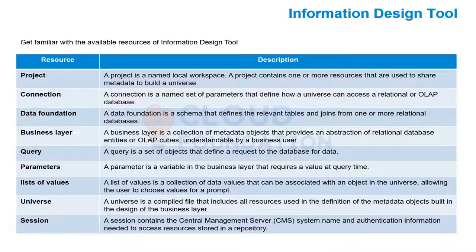If you see here, a business layer is a collection of metadata objects that provides an abstraction of the relational database, understandable by a business user. Here it is important why we create the business layer. Sometimes the database is populated by data entry operators. They might name the columns something that they understand, but it is not always possible for the business to understand those names defined at the database level.